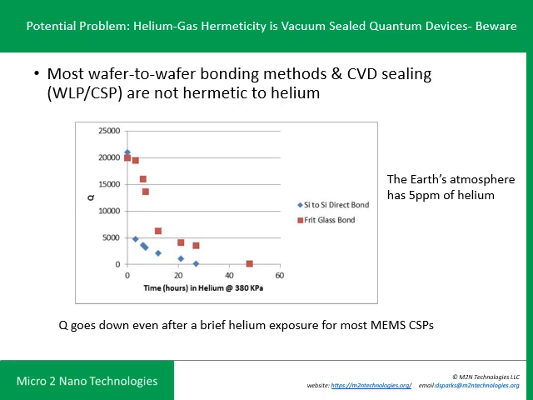The reason that's significant is the Earth's atmosphere has 5 parts per million helium in it. There have been studies done at Stanford that some of these chips, if you heat them up to, say, 100 degrees C, which is not unheard of in automotive applications, will get helium leaking in from the atmosphere. Again, that can cause some quantum decoherence problems in a qubit.